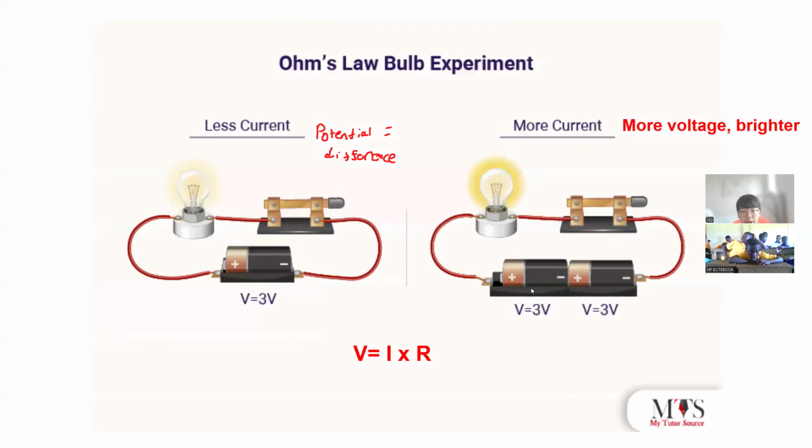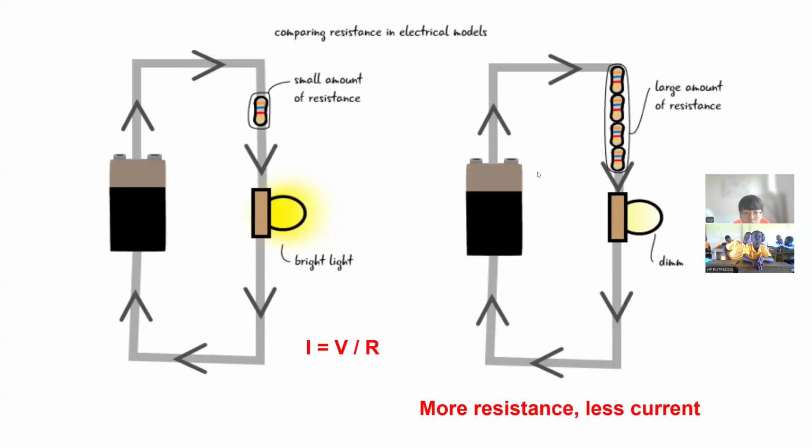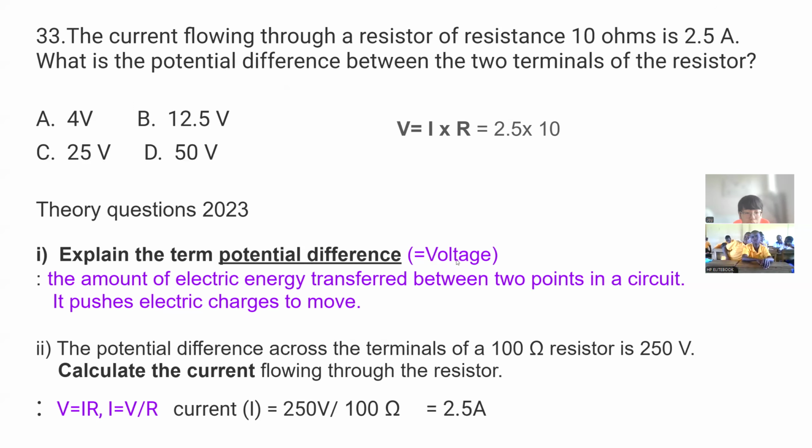If we look back at this diagram here, you can see that the voltage is the one pushing the electric charge to move. So you can explain the voltage as it pushes the electric charges to move.